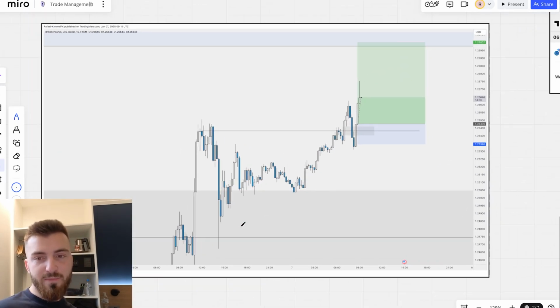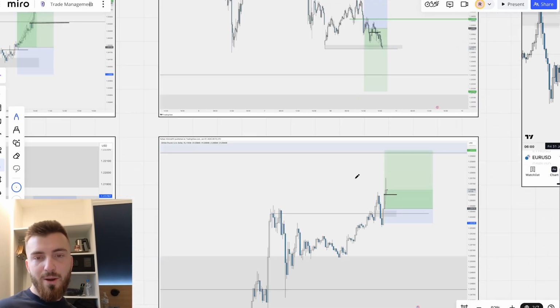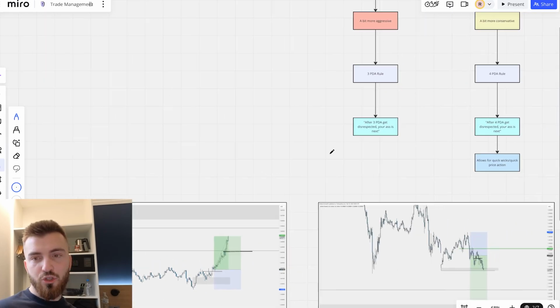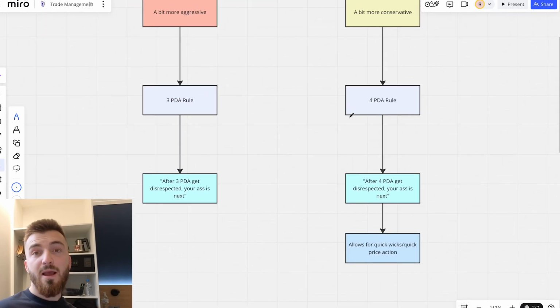Right here, where is my stop loss? So we have 1, 2, and then 3. But this is the lowest one, therefore my stop loss is at -1, right? So that is the 3 PD array rule. You simply go back to where price has currently closed, and then you count 3 PD arrays back.